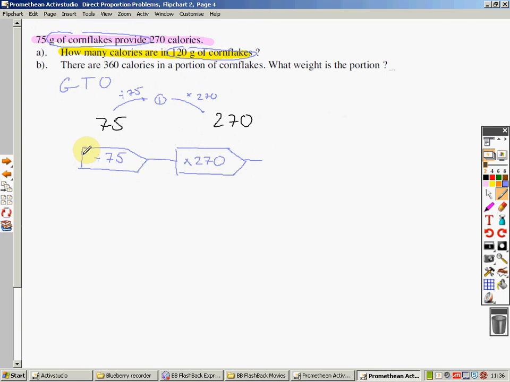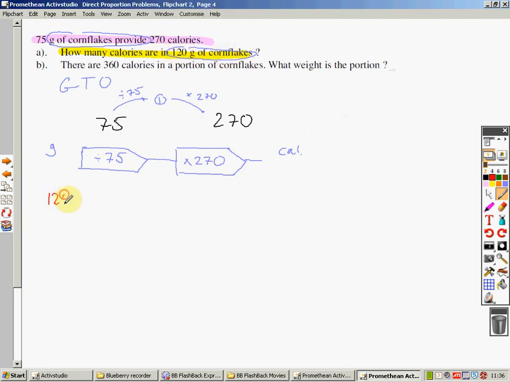Here we go then. Divide by 75 times 270. That's the grams of cornflake going in, and this is telling me the calories coming out. I now apply it to my particular problem, and the question was how many calories in 120 grams of cornflake.